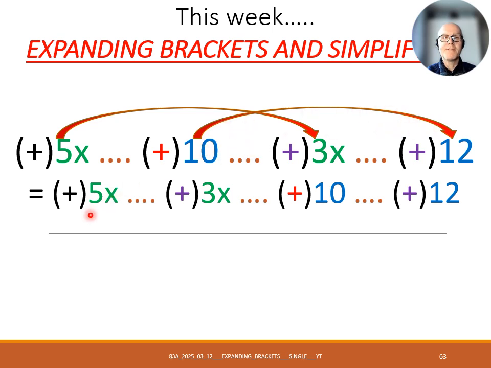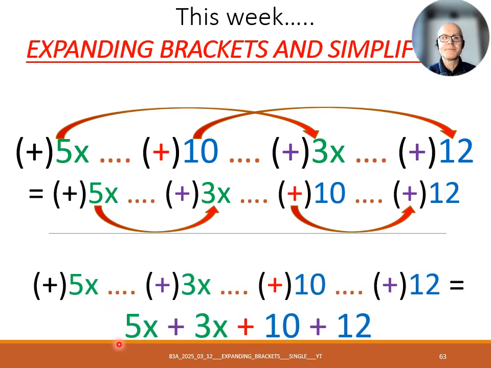So put the 5x and the 3x beside each other, keep the positive signs in for now, and the 10 and the 12, put them side by side in the order of our 4 chunks. Keep the positive signs in for now. 3x and the 5x and the 12 and the 10. So to simplify that, we're going to have 5x plus 3x plus 10 plus 12.